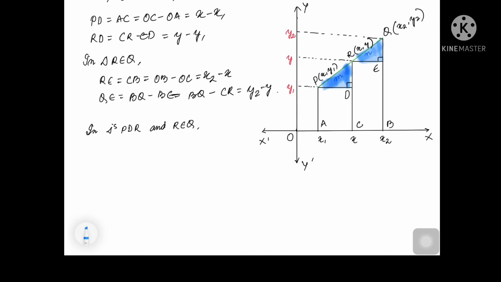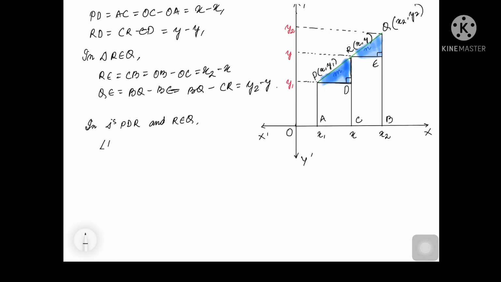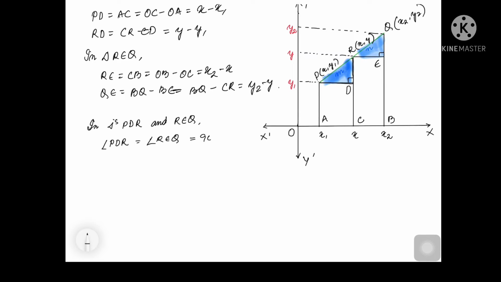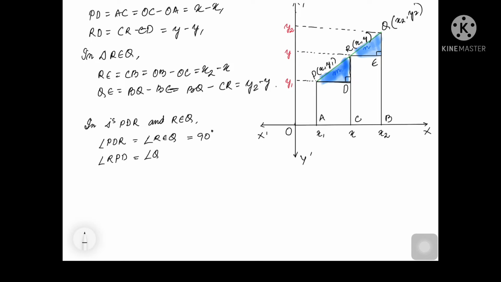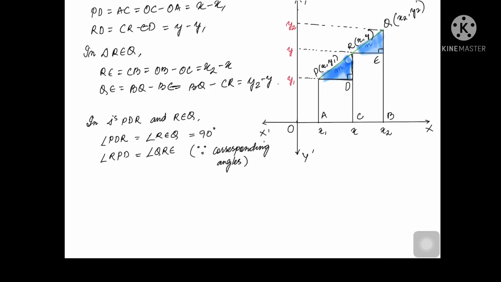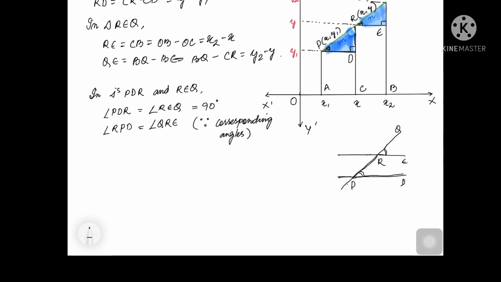Now let us consider these two triangles. Angle PDR is equal to angle REQ because both are 90 degrees, and again angle RPD is equal to angle QRE since they are corresponding angles. Why corresponding angles? Because for these two angles, RPD and QRE, we can consider RE parallel to PD.